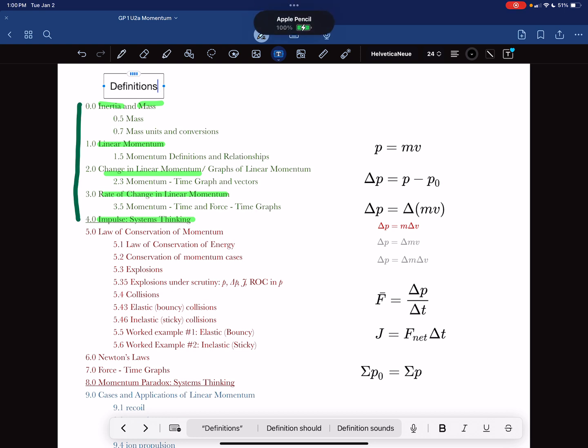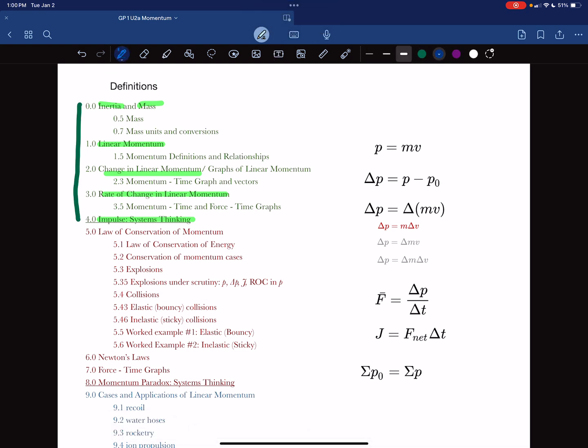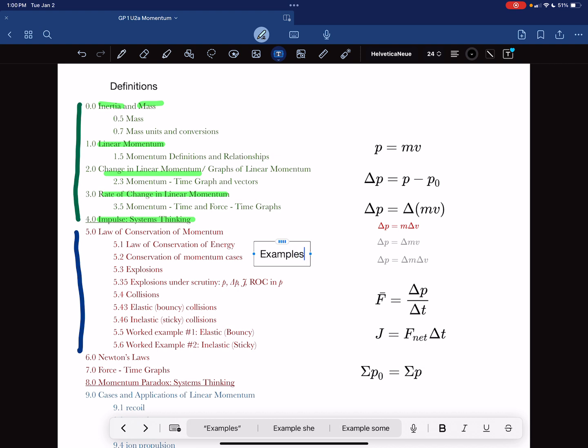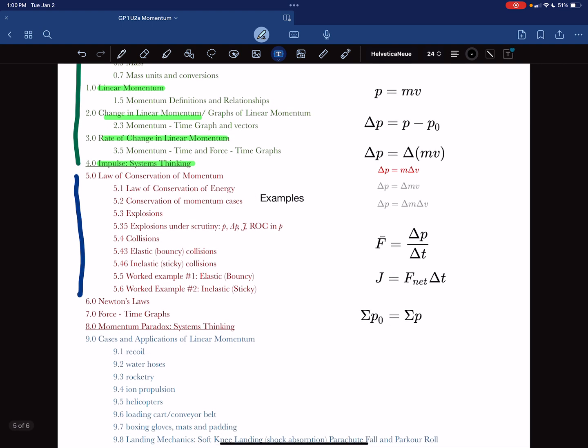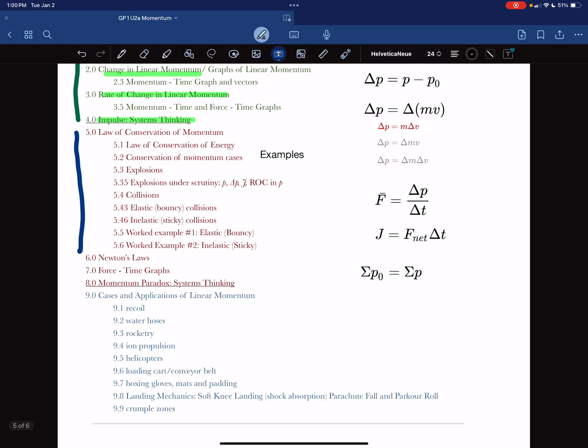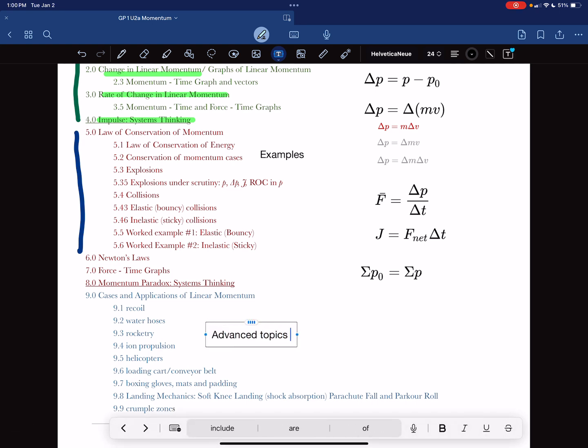And then we will move on and we will look at the law of conservation of momentum and apply it to a variety of examples. And then we will look at some other advanced topics and examples.